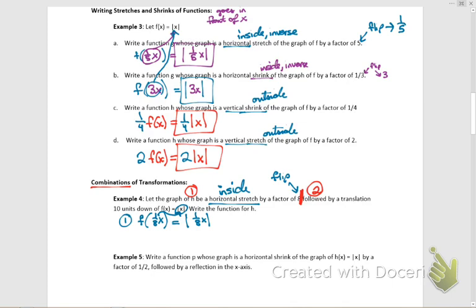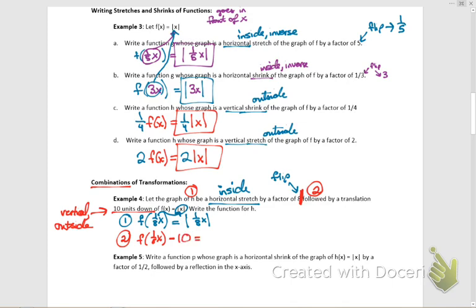Step 2 is a translation 10 units down. So because it's 10 units down, down is vertical, so it goes outside. All right, vertical, outside, because it's moving down, it's actually going to go at the end of our function. So for step 2, we take what we already did, so f of 1/8 x, and we move it down 10, so minus 10.